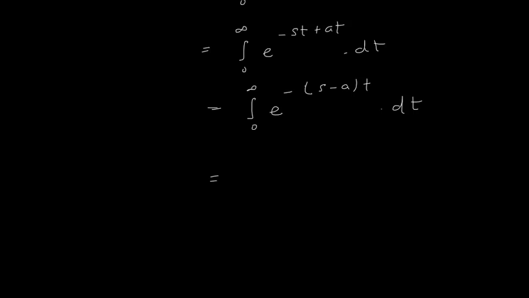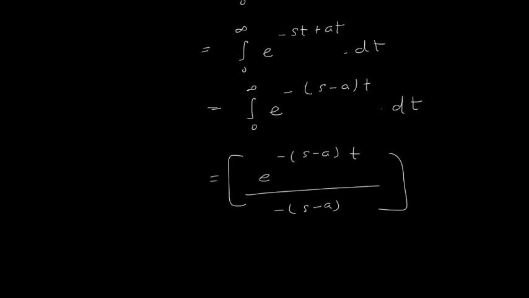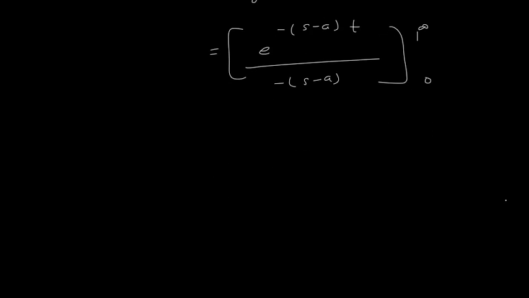So after integration I will get e raised to minus s minus a times t whole divided by minus of s minus a, and the limit is 0 to infinity. So when I put the upper limit in place of t, when I put infinity, it becomes e power minus infinity, which is 0.